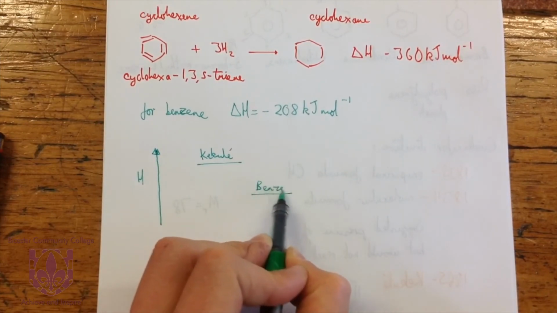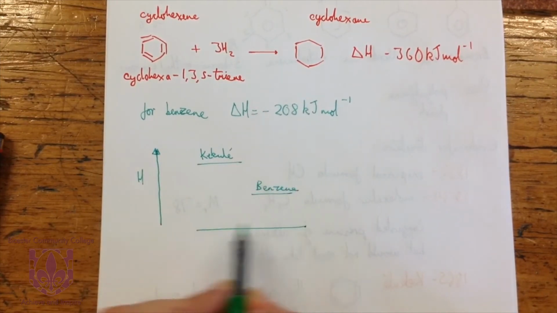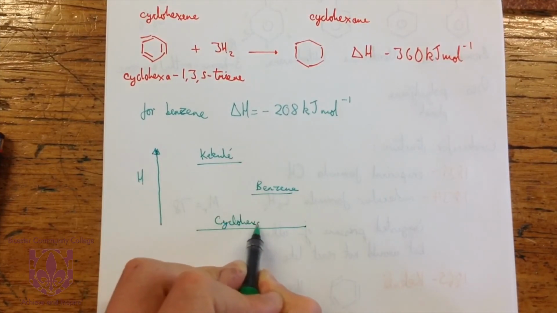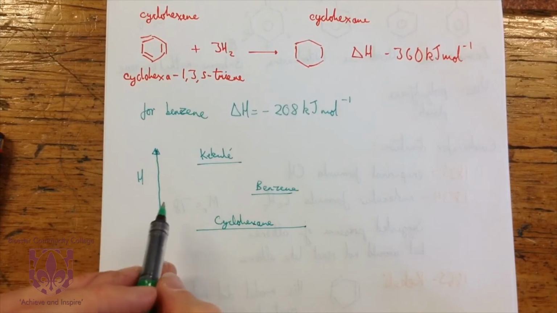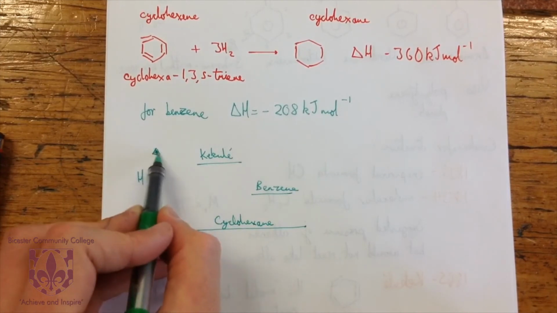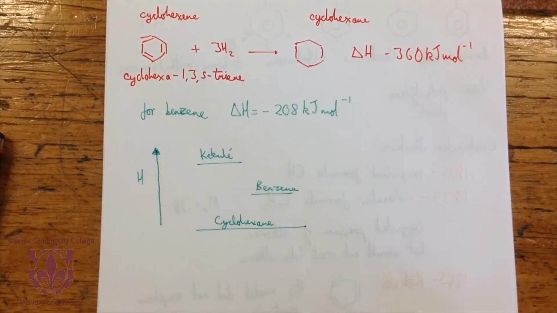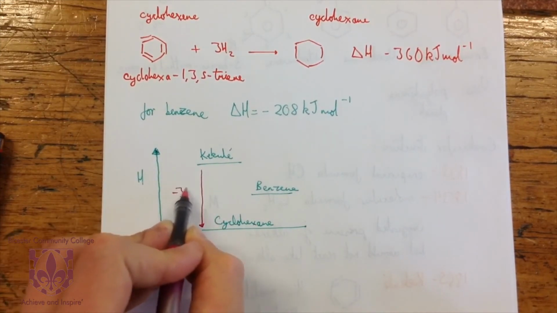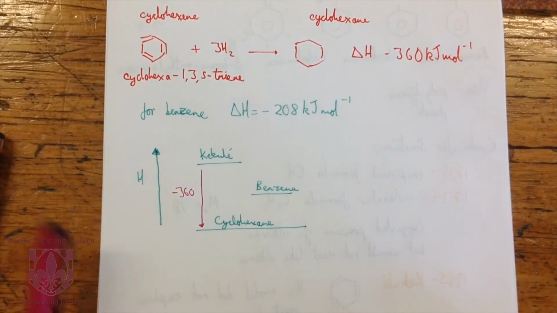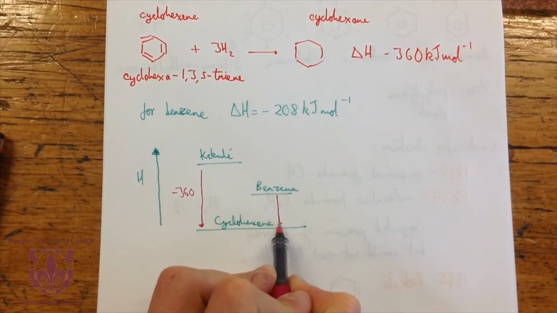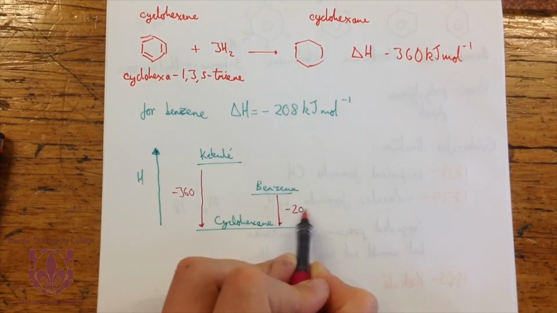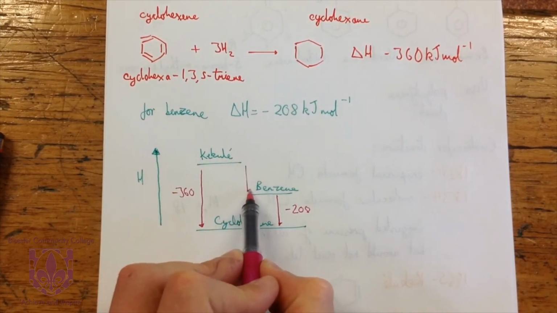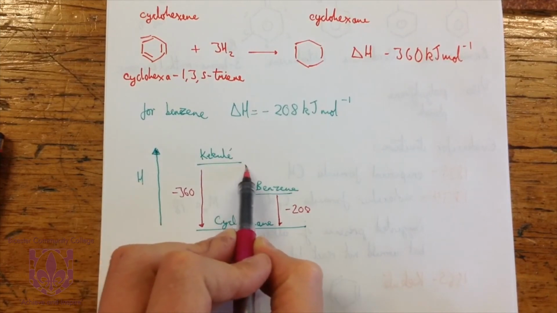Benzene is further down here, and cyclohexane is here. And these models suggest that it takes minus 360 to get to there, and minus 208, so there's a difference here of 152 kilojoules per mole.